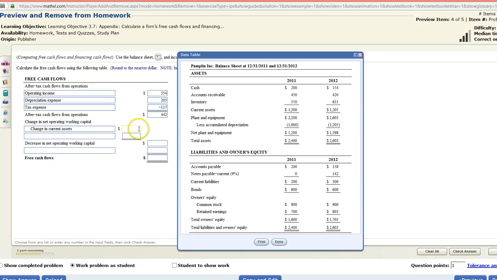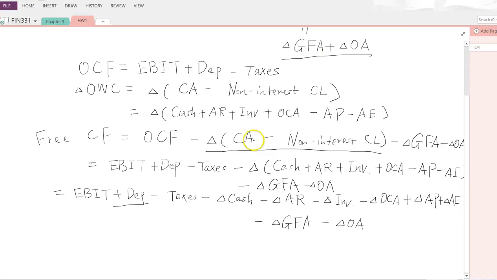But the question here: do we need to put a positive or negative sign in front of it? Again, this needs to be a negative number. Why? Going back to our formula, so let me use a red pen just to be clear. This is the change in current assets, and you see we have a negative sign in front of it.